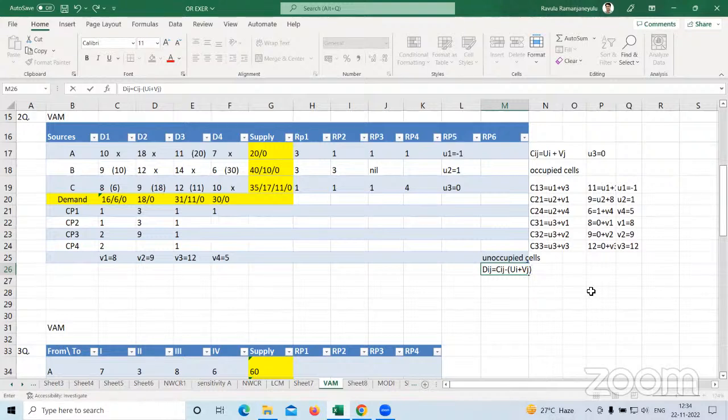The verification part which we need to do with the unoccupied cells.